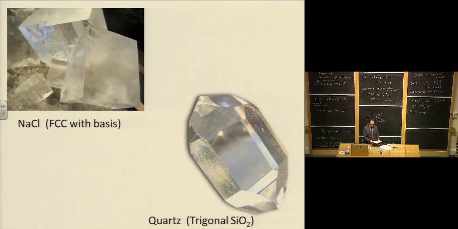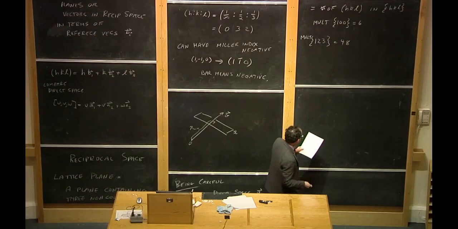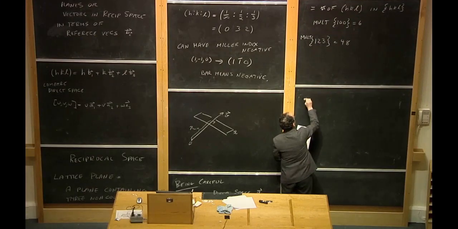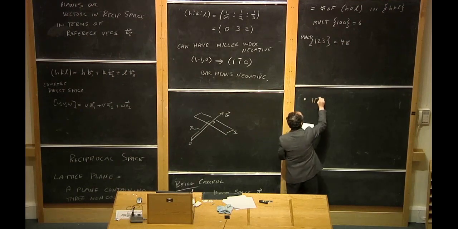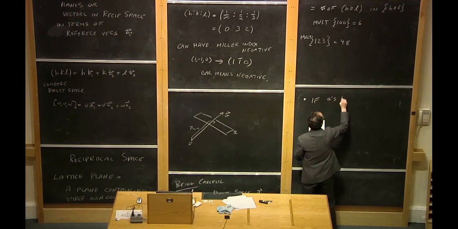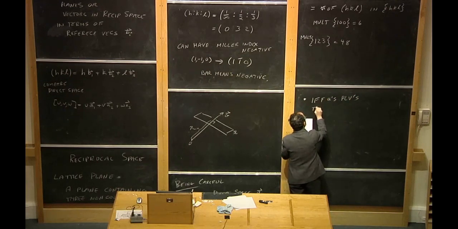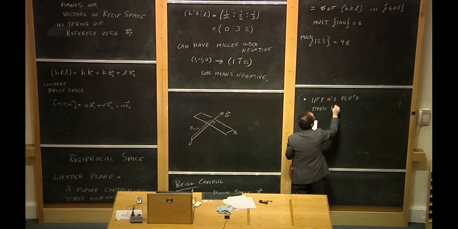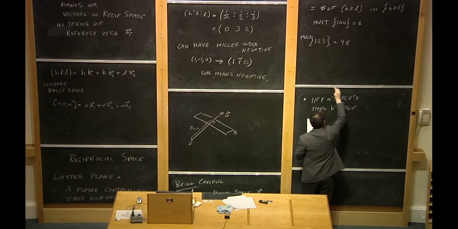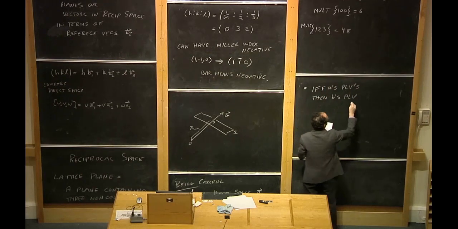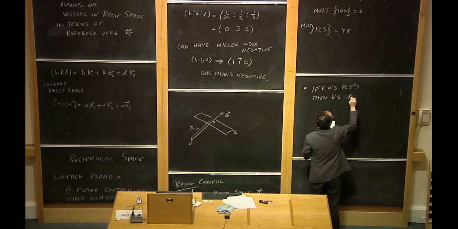Okay, so I'm going to emphasize this one fact one more time because it shows up on exams so frequently. This is an important fact. If and only if the A's are PLVs, then the B's are PLVs, maybe reciprocal PLVs. I think I've written this down three times today.